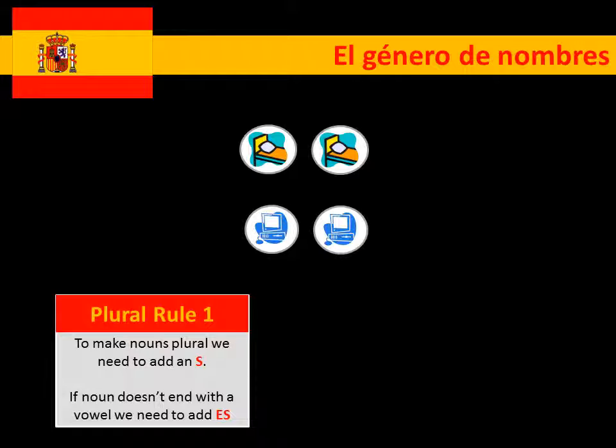And if a noun doesn't end with a vowel, we need to add es. We've got two perfect examples here. So, example number one. Cama ends with a vowel. So, here we go. Camas means beds. Next example. Ordenador means computer. We need to add es because it doesn't end in a vowel, so it ends up being ordenadores.